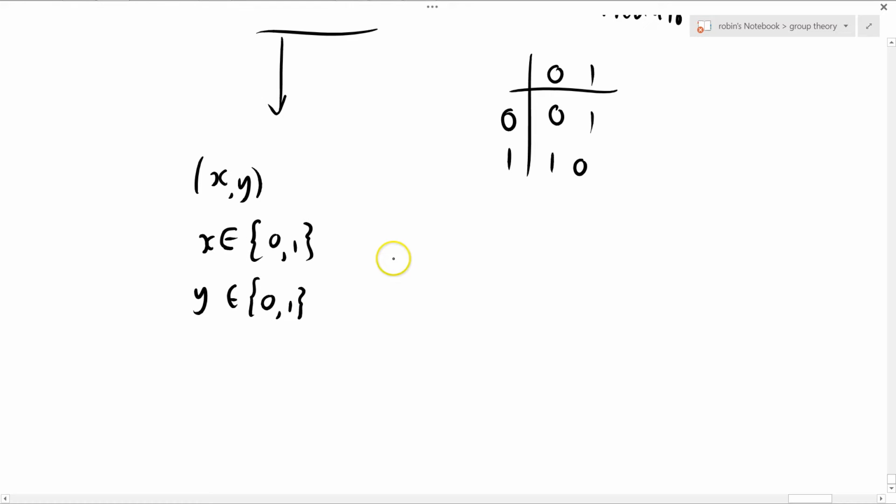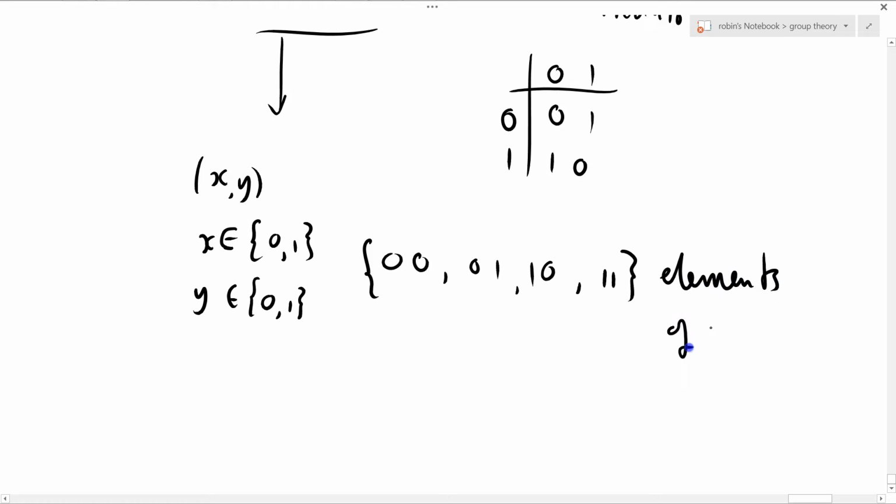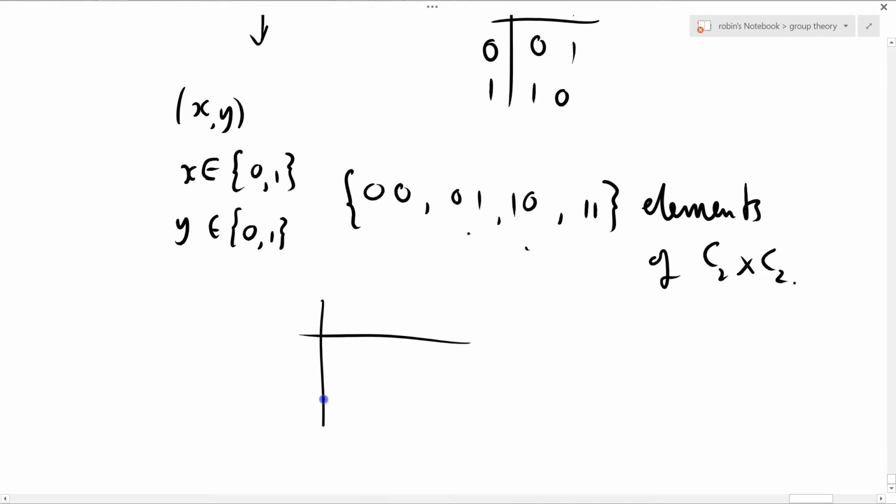So the elements are (0,0), (0,1), (1,0) and (1,1). These are the elements of C2 cross C2.